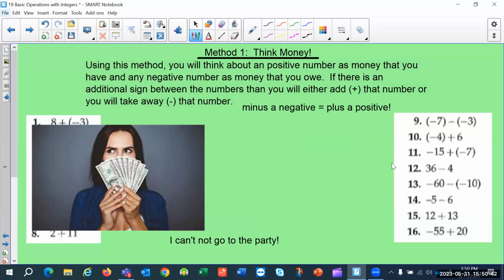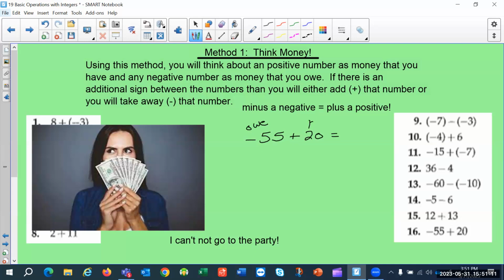All right, number 15, 12 plus 13 equals, hope you're not pulling a calculator for this one. All right, 12 plus 13 equals 25. Good. Last one, -55 plus 20 is equal to what? Again, you're going to think about owing $55.